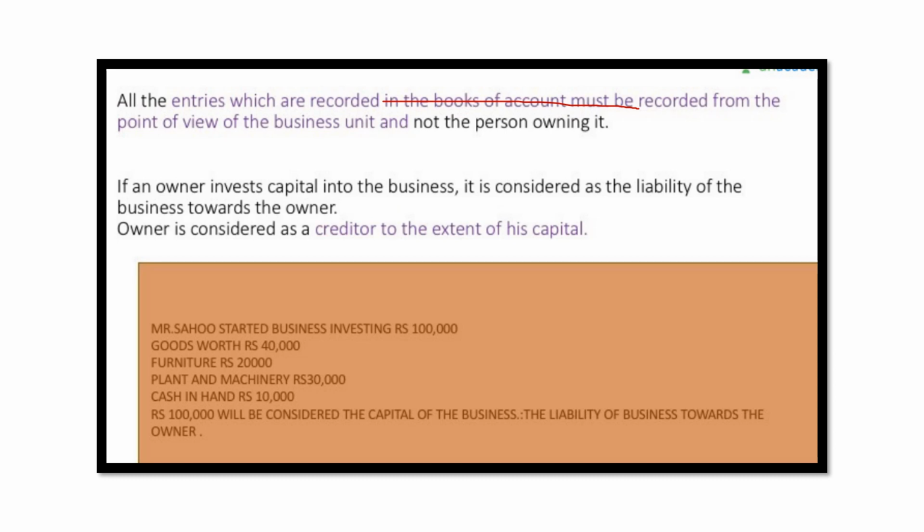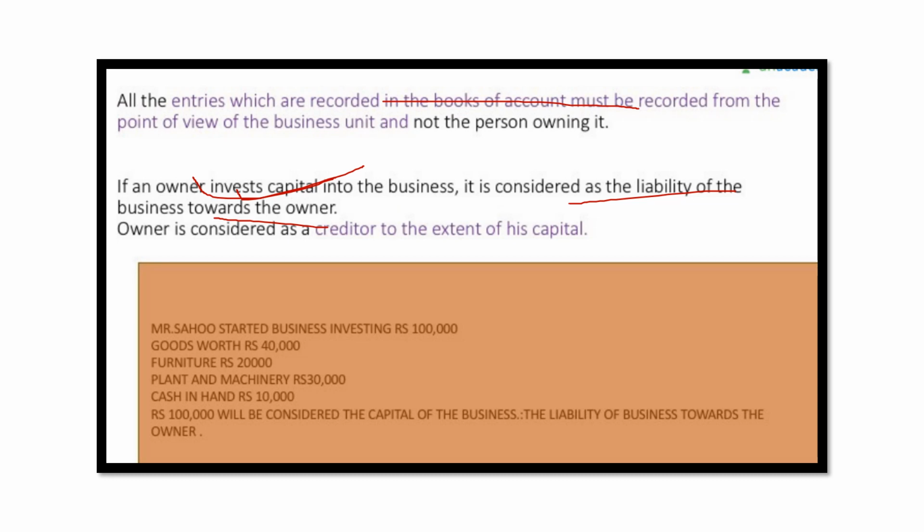If the owner is doing something for the business, that will be written in the business books. When the owner invests capital into the business, the owner is a kind of third party to the business, and it is considered a liability of the business towards the owner. If the owner contributes capital, obviously he will get interest on that capital from the business.